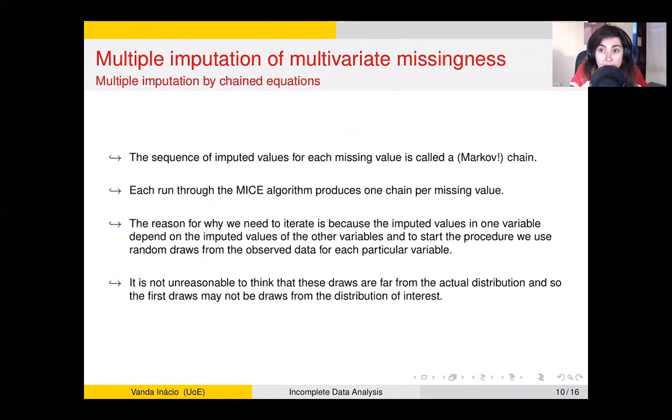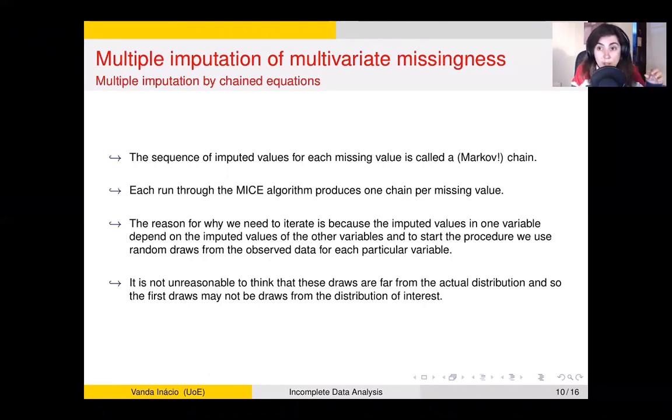And okay, basically, mice is an iterative procedure, right? And for each variable, we might have several missing values, and we are imputing them and we are cycling until convergence.